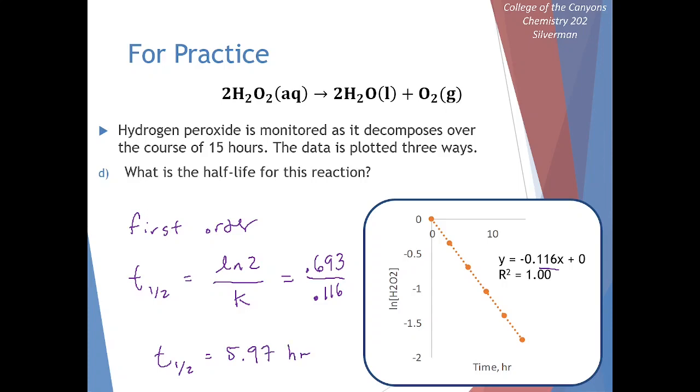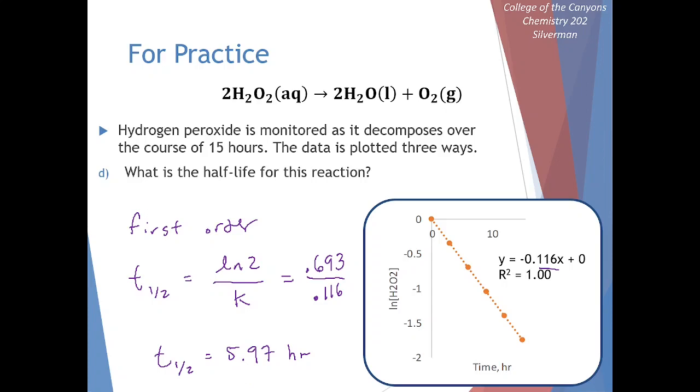That means every approximately 6 hours, you'll use up exactly half of however much hydrogen peroxide you have. If we started with 1 molar of our hydrogen peroxide at our initial time point, in 6 hours we'll be down to half a molar. In 12 hours, we'll be down to a quarter molar, and so on and so forth.